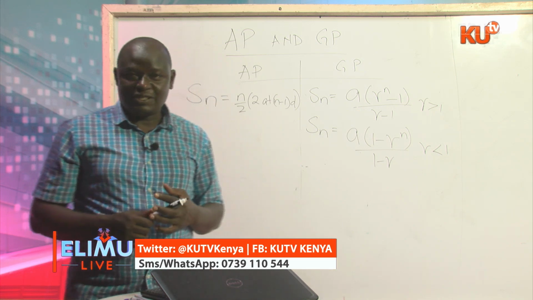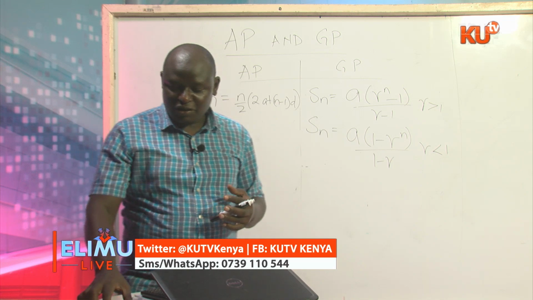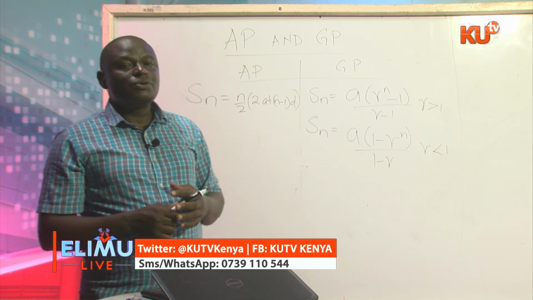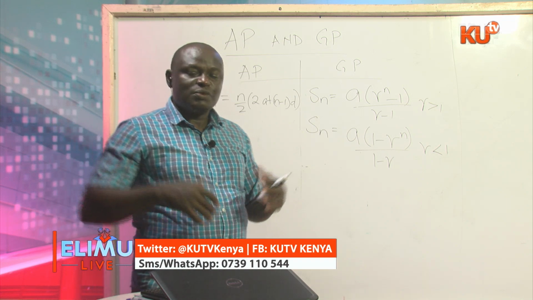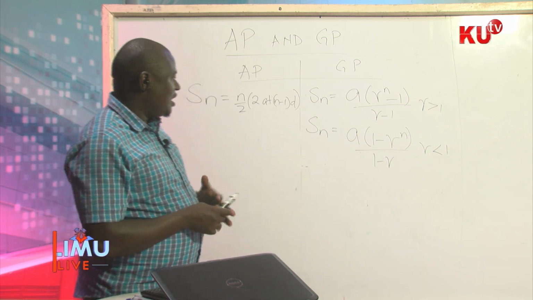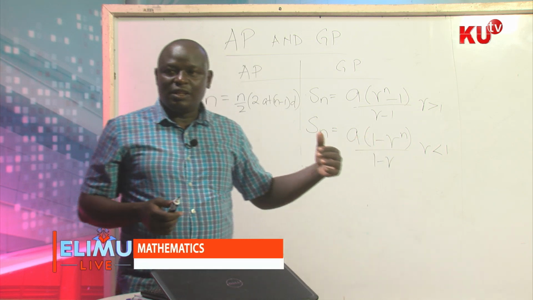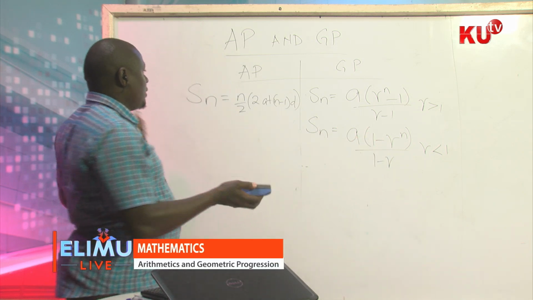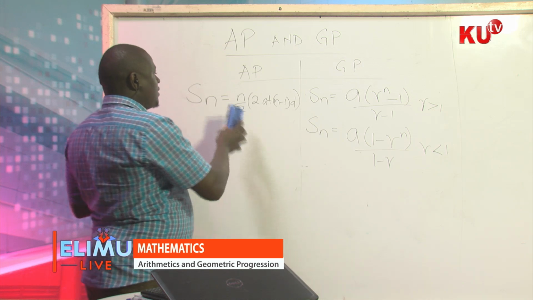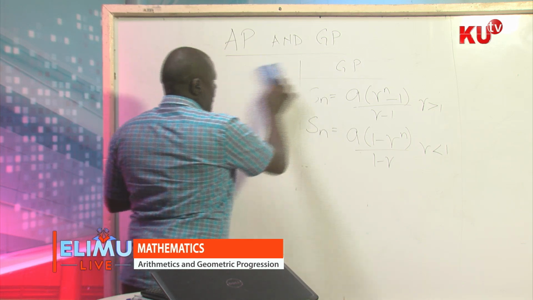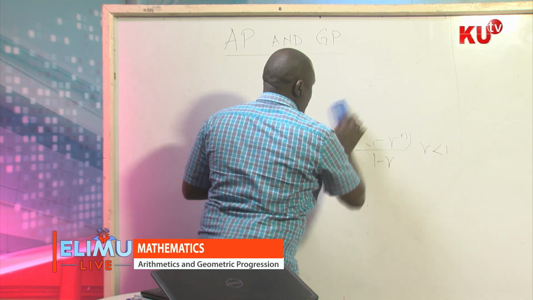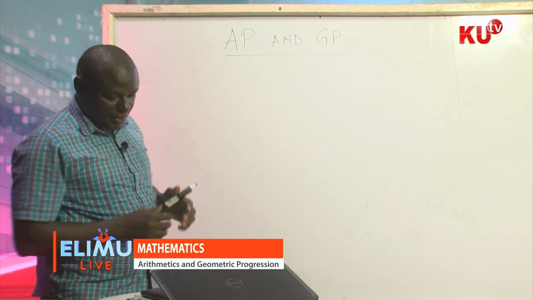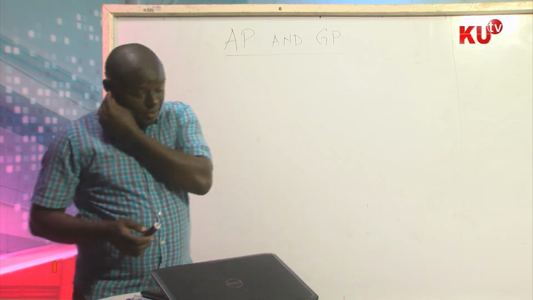Having shown those differences, I now want us to embark on a very important exercise of doing several examples so that we see how to push this formula into application. I think now we are conversant with our formula. Let's use them now.